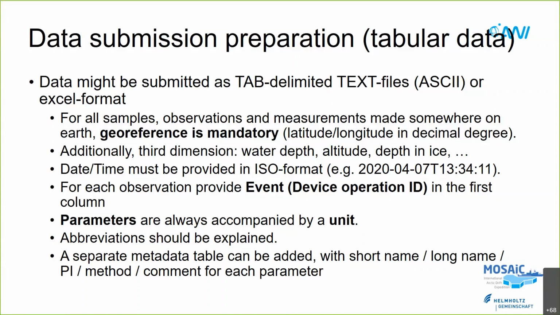But keep in mind that the event or device operation ID is very important, and also georeference, latitude, longitude, and also date and time are very important for each of the lines in the table. And I think that most of the data generated during MOSAiC will have such a georeference.